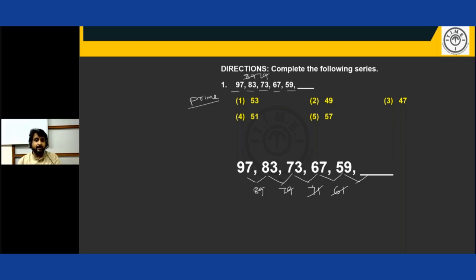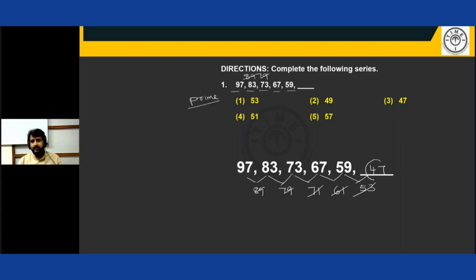Alternate prime numbers they are taking. What is the next prime number before 59? 53 is the prime number, right? So we have to take the alternate number. So what will be the previous number? 47. So 47, 53, 59, 61, 67, 71, 73, 79, 83, 89, 97.